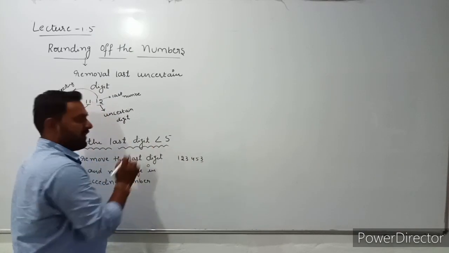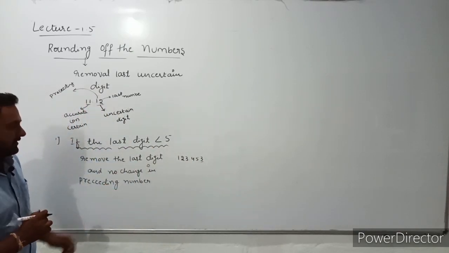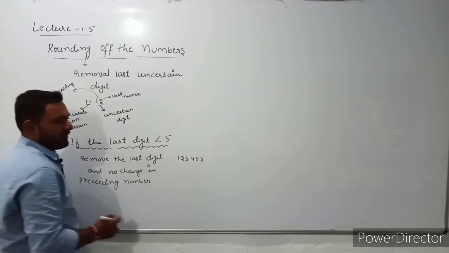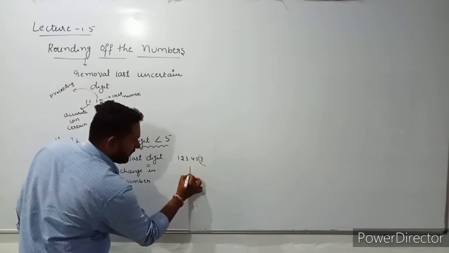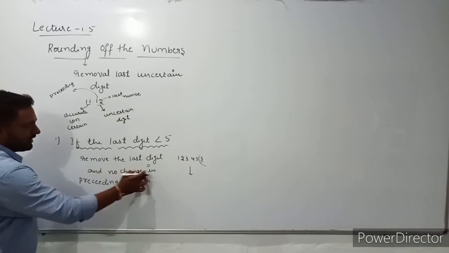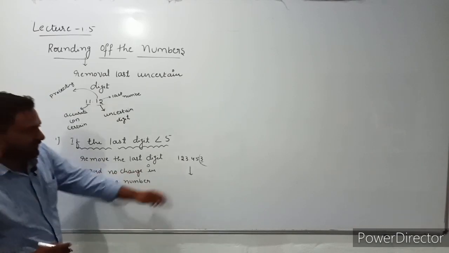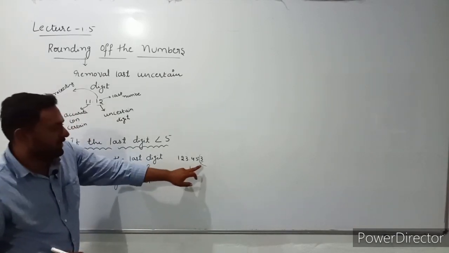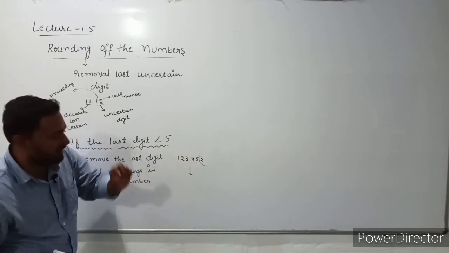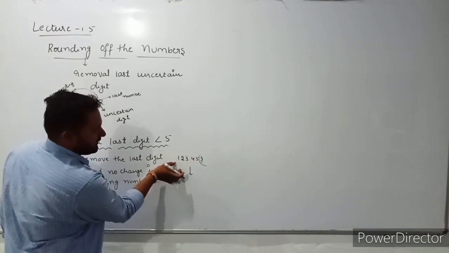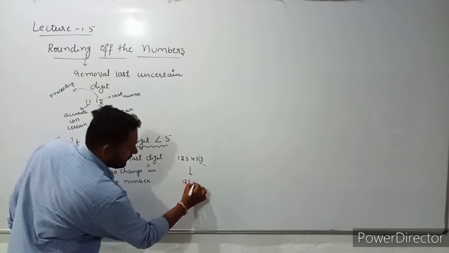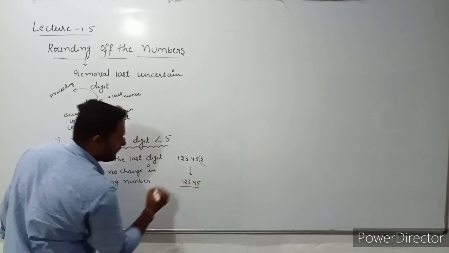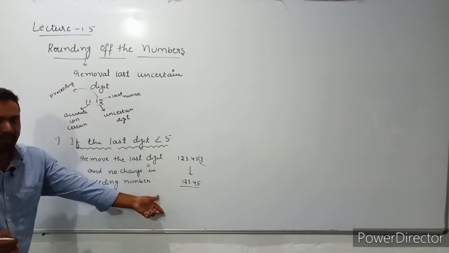It is less than 5. So you have to remove that number, and there is no change in preceding number. If the last number is less than 5, no need to change the preceding number. Now it is rounded off to 123.45. This is the final answer.